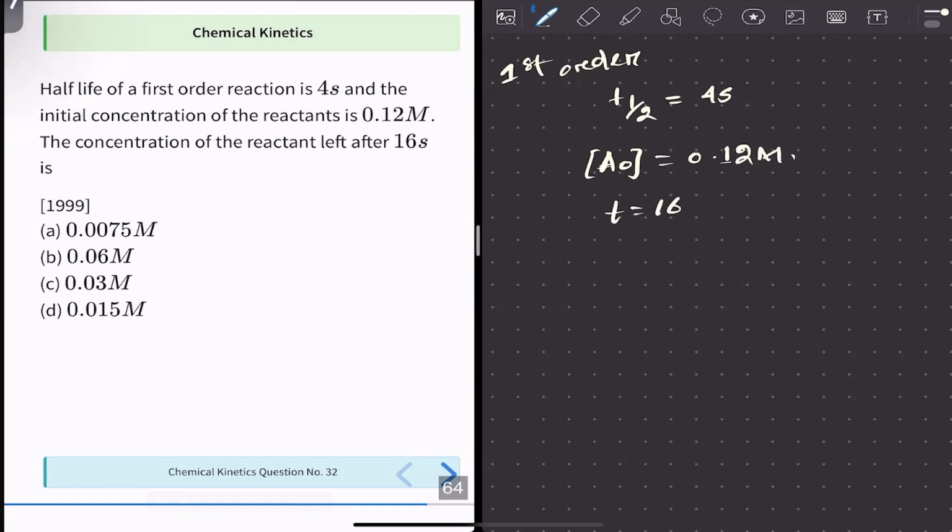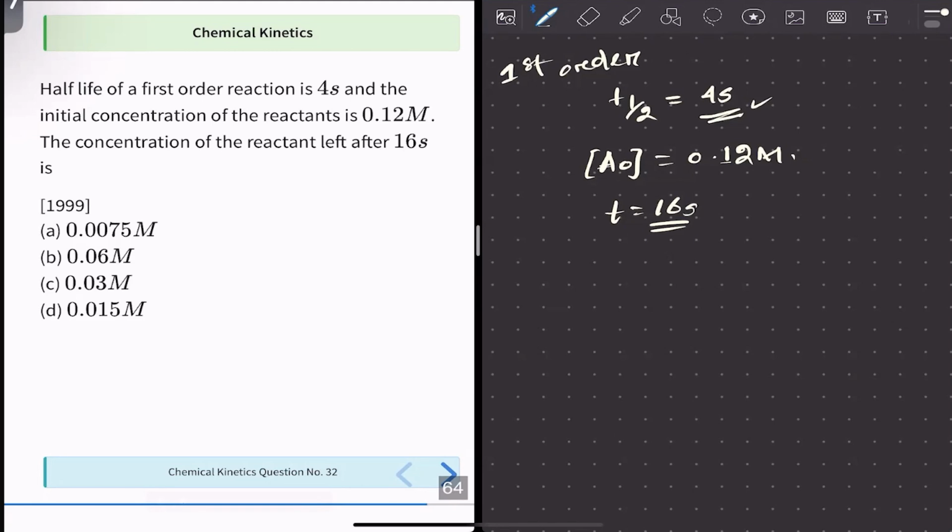If we notice, 16 is a multiple of 4. Since T half is given, after every 4 seconds the reactant concentration would be halved.